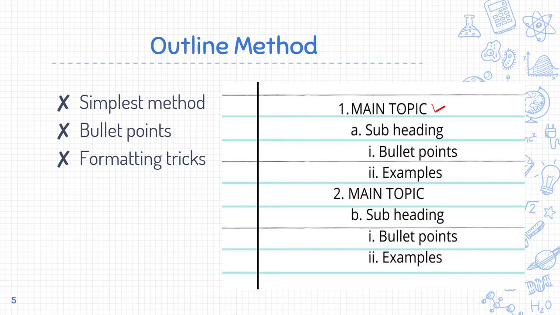Now this shows this topic is important, or you might just add a star to it, or you can underline it, or you can highlight it. The basic point is to highlight the things that are important through formatting tricks. It can be anything and it's totally up to you what you are opting for. So star and this check mark are basically the easiest methods and they take very little time.